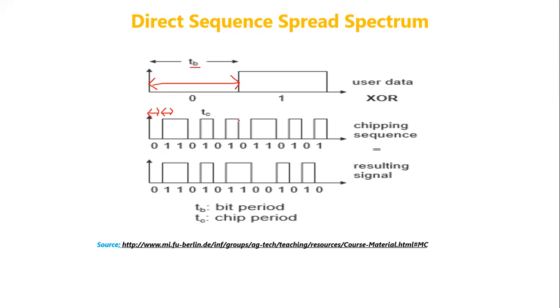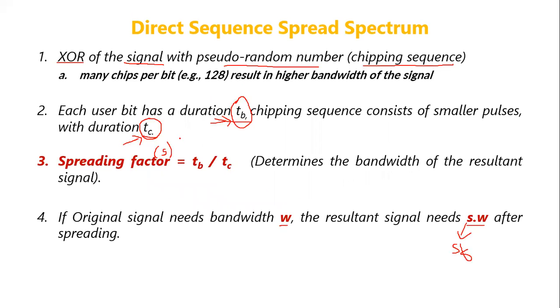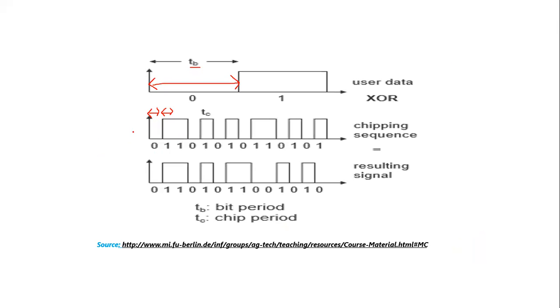So 7 bits of chipping sequence are equal to 1 bit of user data. If we fit this into the formula, if TC, the time duration of the chipping sequence, is equal to 1, then TB will be equal to 7.